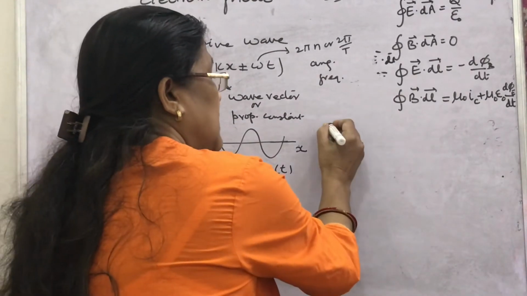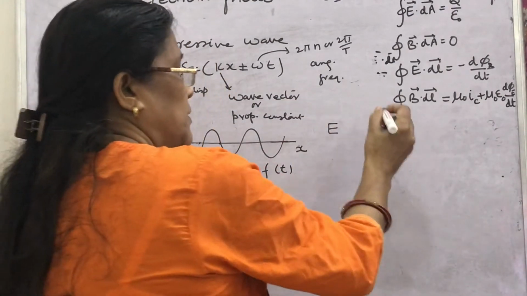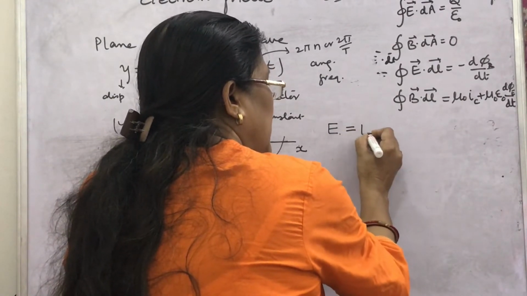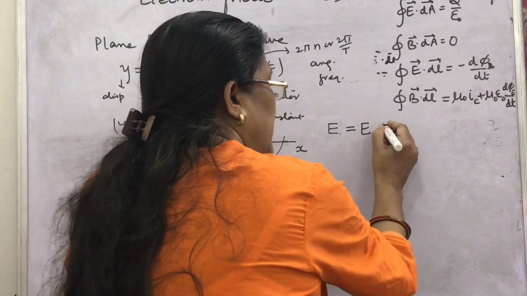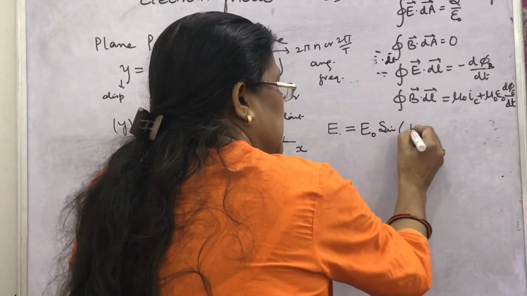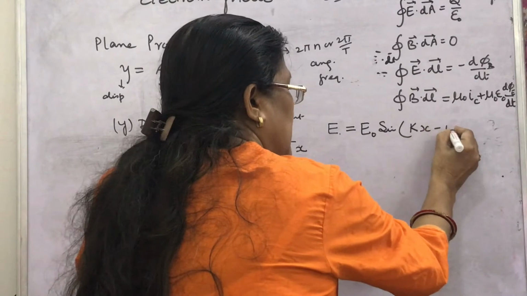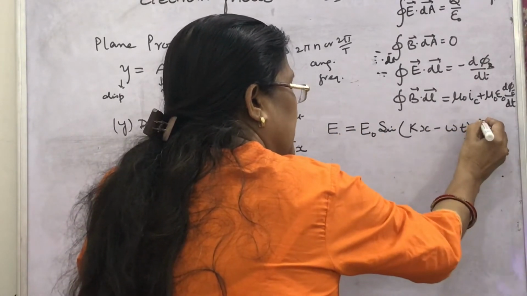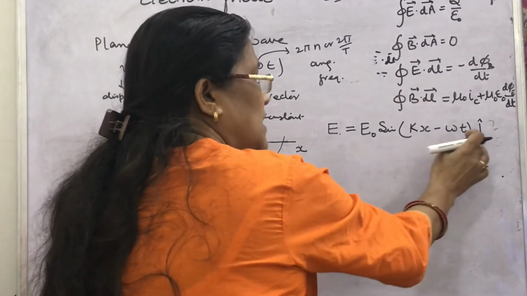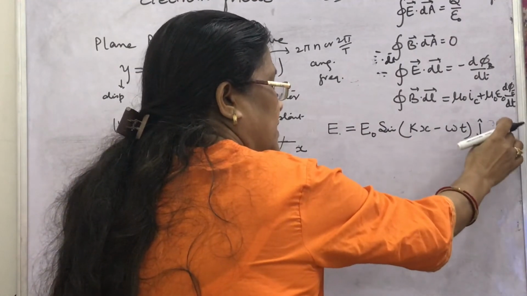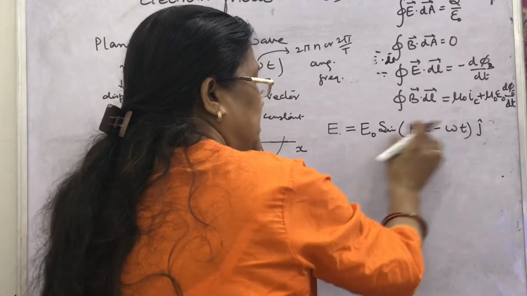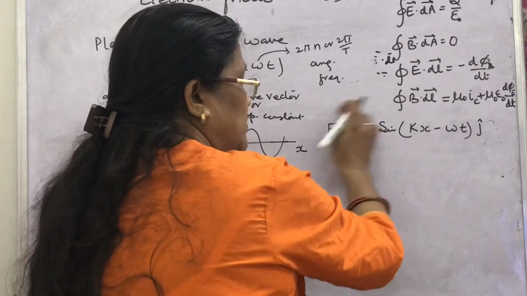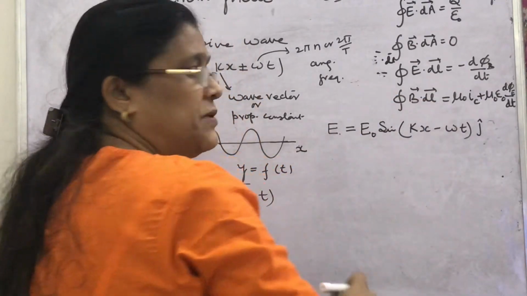Look, suppose this E is along the y axis, then E will be E naught, its maximum value, sin(kx minus omega t), and since it is along the y axis, it will be written here j. In some numericals it is written here in newton per coulomb or volt per meter, that is its unit also. What will you say for this expression? What does this expression for the electric field represent?